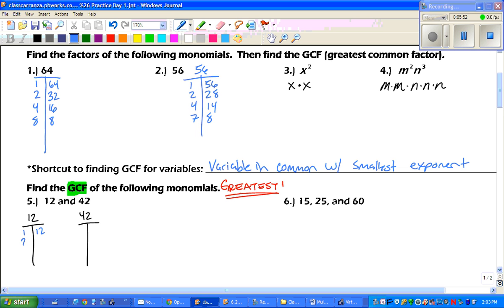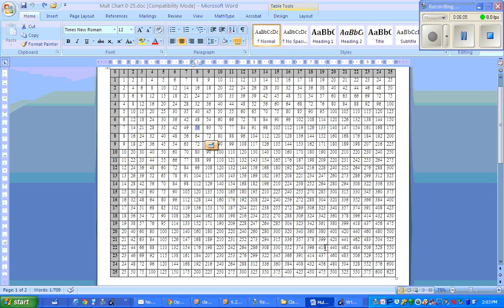This one, you should know: 2 times 6 and 3 times 4. All right, so 42 is 1 and 42. I know it's 2. Let's look at the multiplication chart. 2 and there it is, 21.